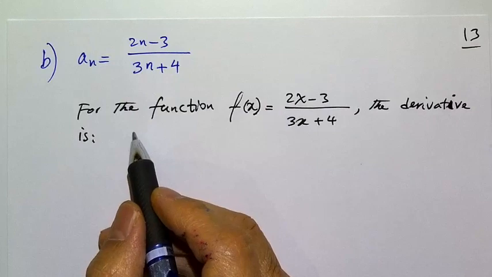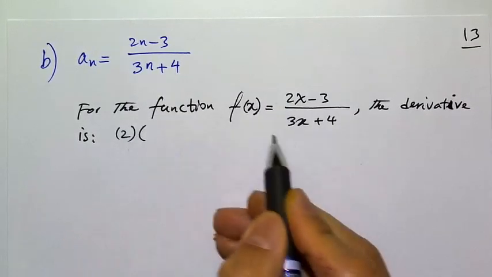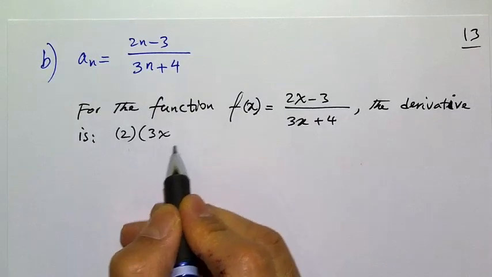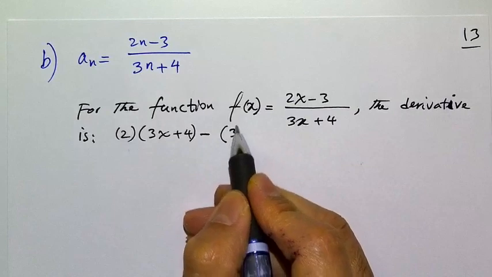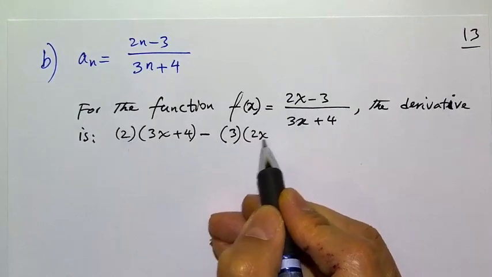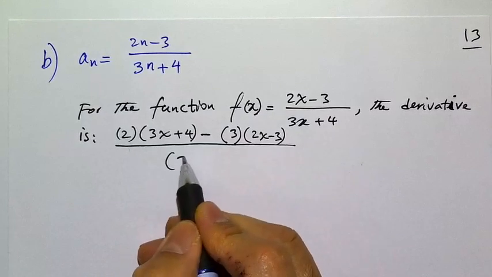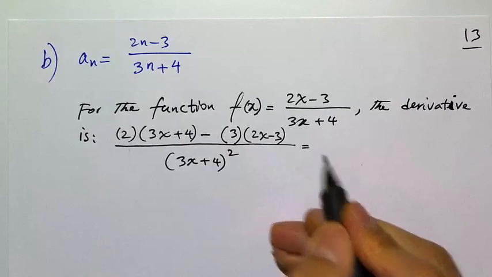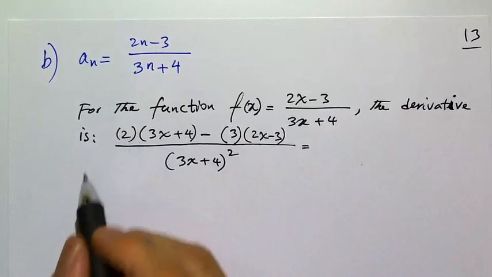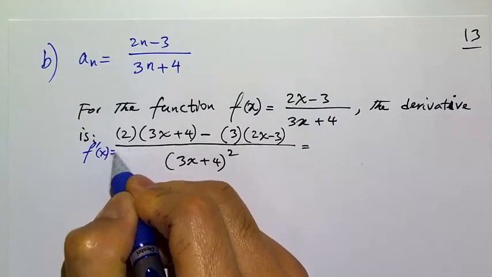So we have 2, the derivative of the numerator times the denominator, minus the derivative of the denominator times everything in the numerator, divided by, of course, the denominator squared. Like that. So what do we get? And by the way, this is f prime of x.